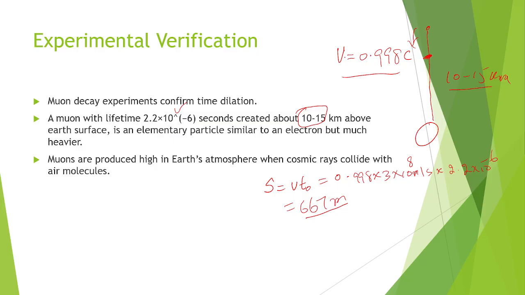Time dilates. The muon speed is very close to the speed of light. Due to this speed, time dilates for the muon. So let's calculate the time dilation for that. At t naught over square root of 1 minus v square over c square, so we have to use this time.